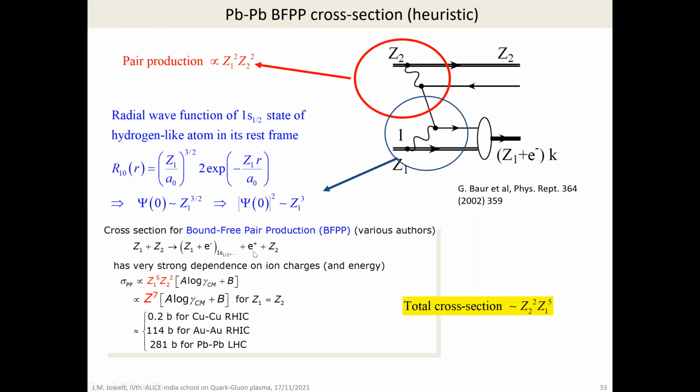Therefore, you can expect extra factors of Z going up to Z to the 7th in equal charge state collisions. And there is a logarithmic dependence on the center of mass energy, but you see that because of this very strong dependence on Z, for example, in copper-copper at RHIC, the cross-section was only 0.2 barns, but it goes up to 281 barns for lead-lead.